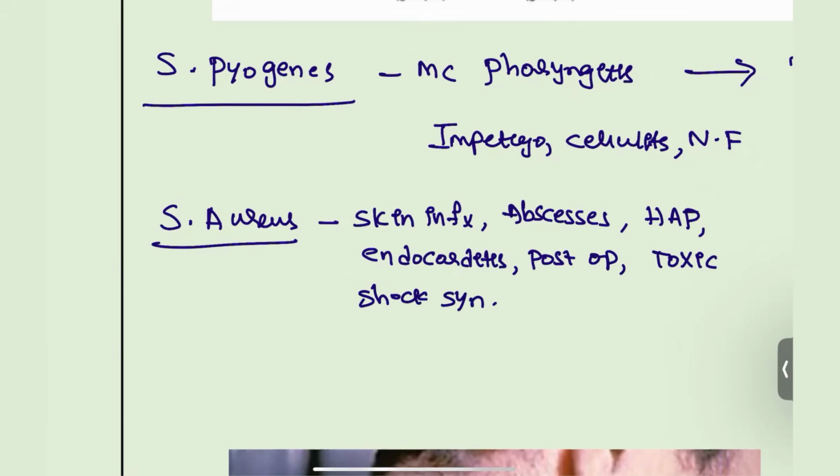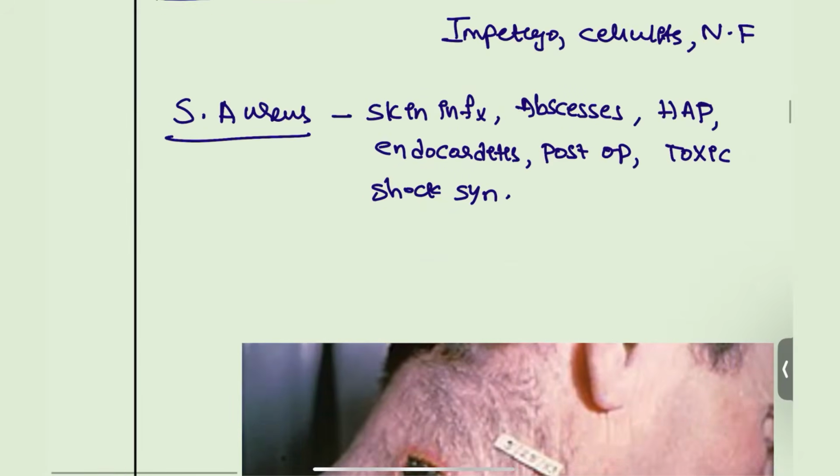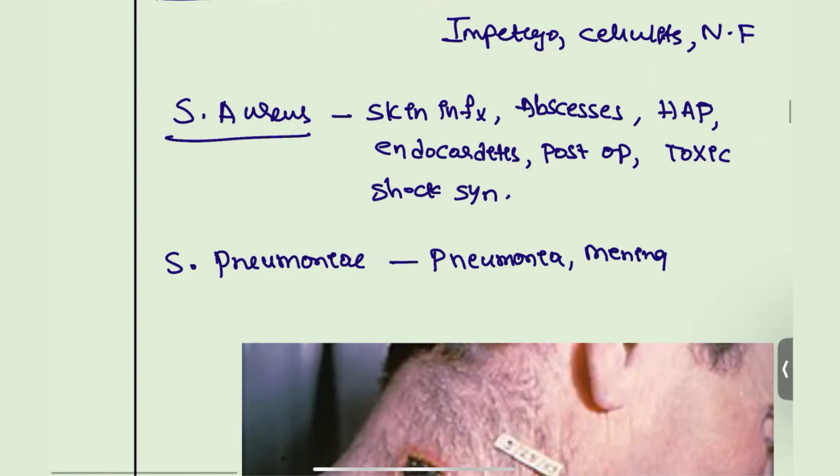Right, these are common with the Staph aureus. Next, Streptococcus pneumoniae is commonly seen with pneumonia, the most common cause for pneumonia, and also meningitis. For both of these, the most common cause will be the Streptococcus pneumoniae only, and also otitis media. Right, these are the common ones.